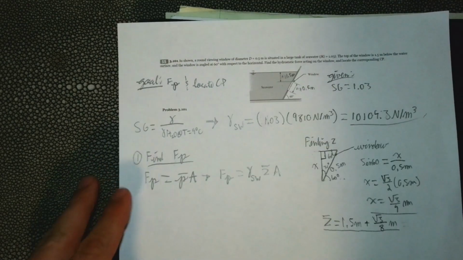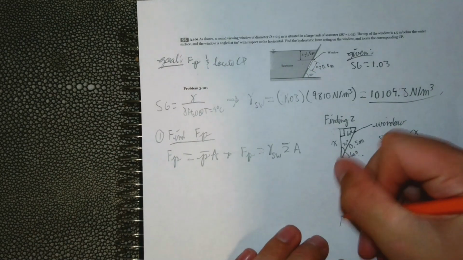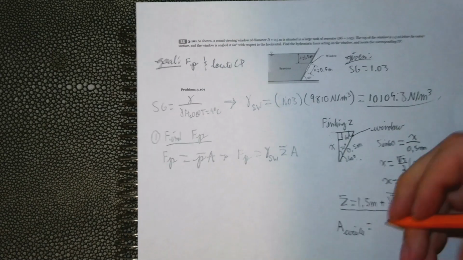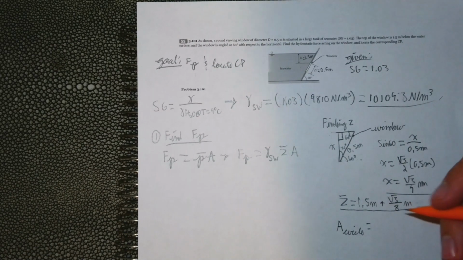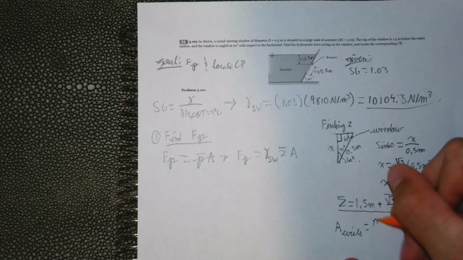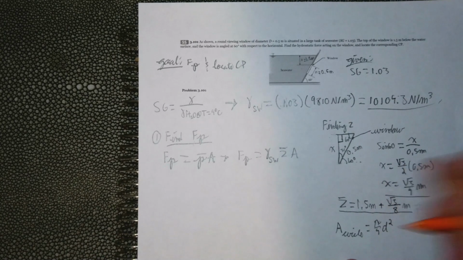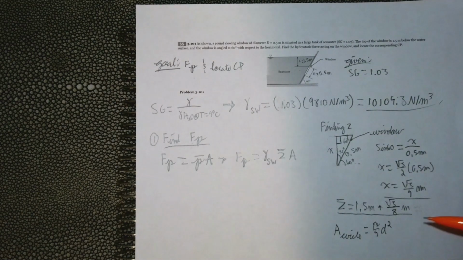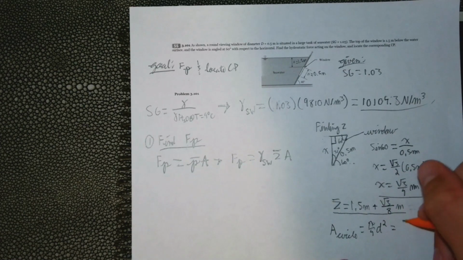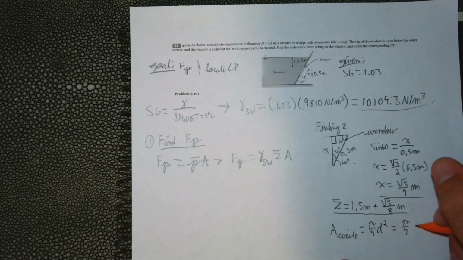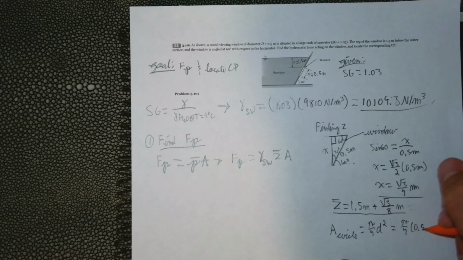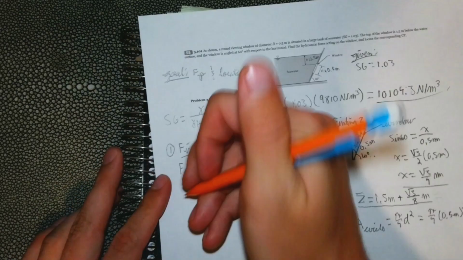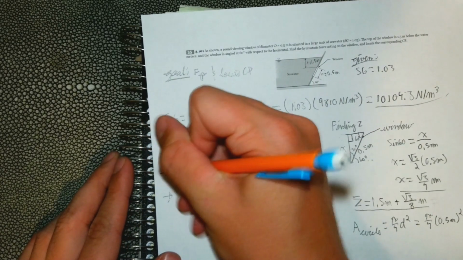Now we have to find the area. The area of a circle is pi r squared, or if you're using diameter, you can do pi over 4 times diameter squared. We know the diameter is half a meter, so the area of the circle is pi over 4 times half a meter squared. Let's go ahead and plug in everything we know to find this pressure force.